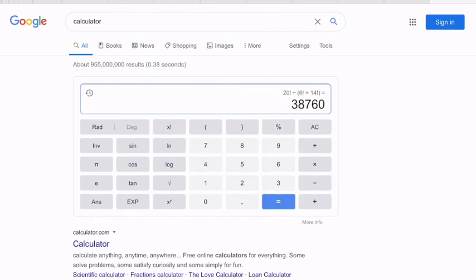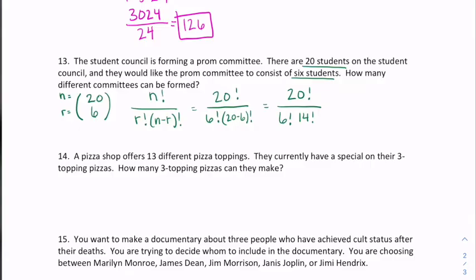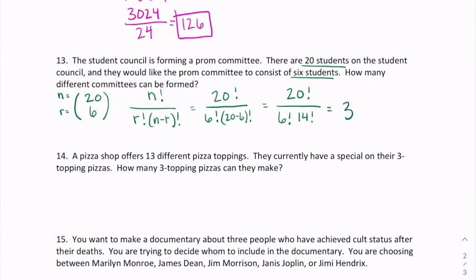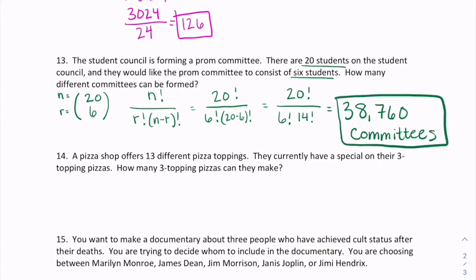And my calculator says that equals 38,760. So that means I can form 38,760 different committees using 6 of the 20 students on the student council.